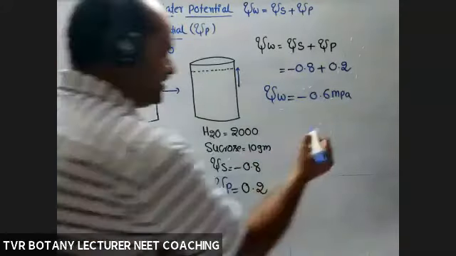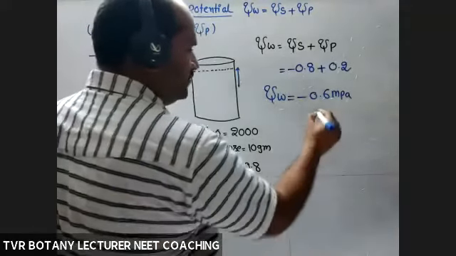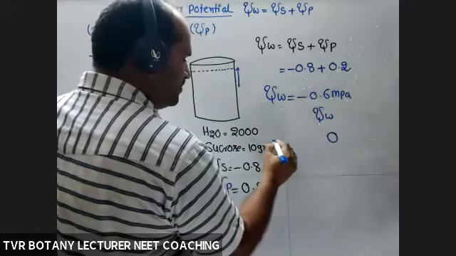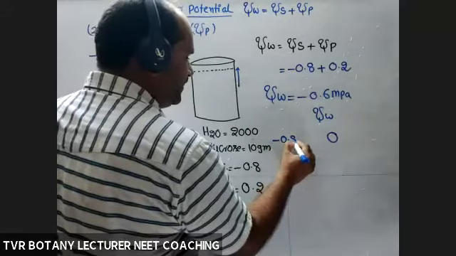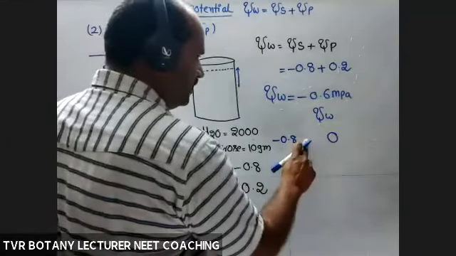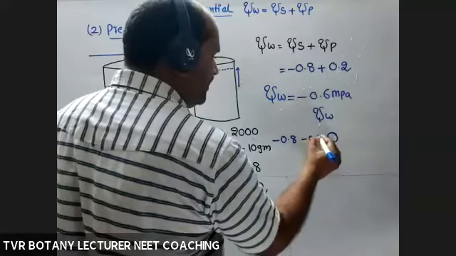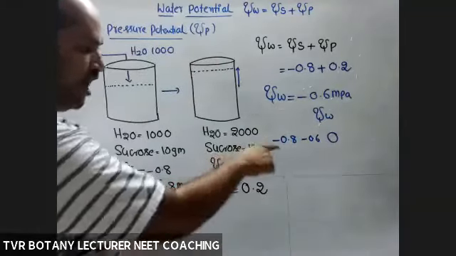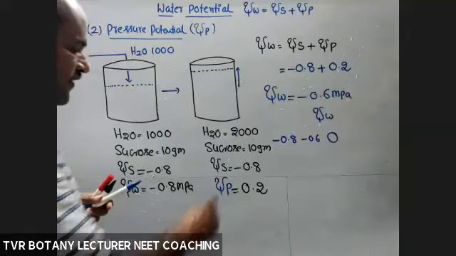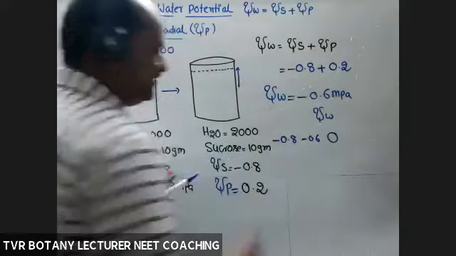Initially, psi W reduced to minus 0.8 because of solute potential. Now, because of psi P, what about the value? Minus 0.6. So now, water potential negative value reduced from minus 0.8 to minus 0.6.